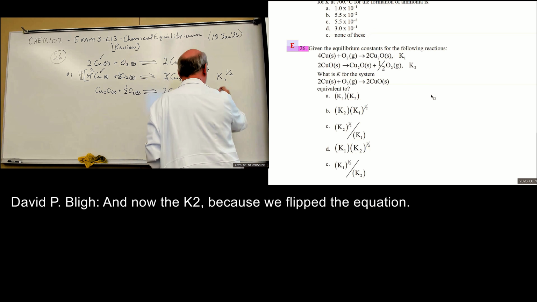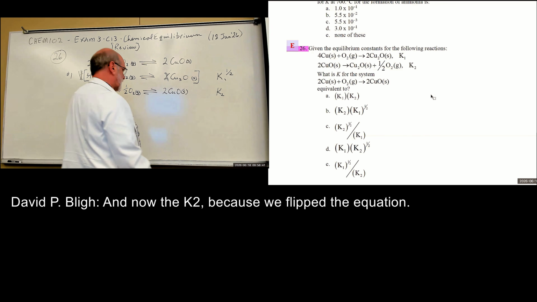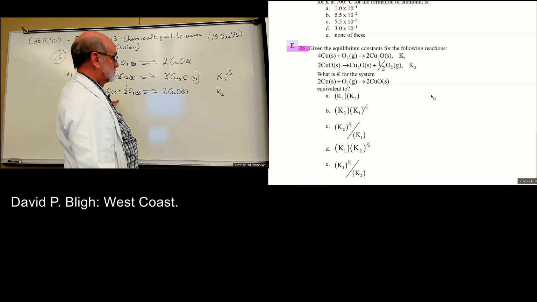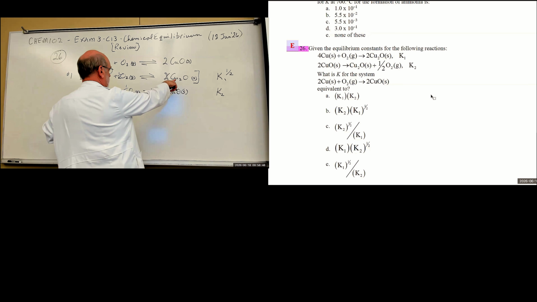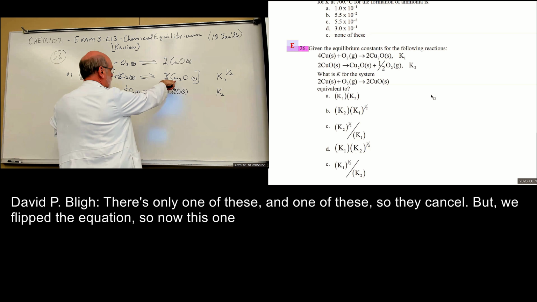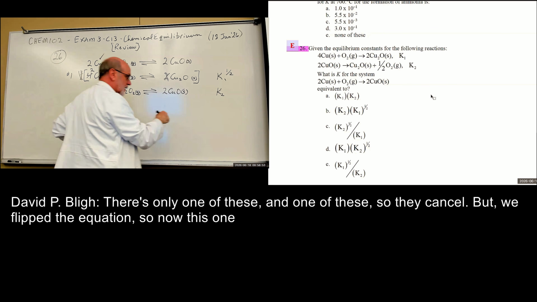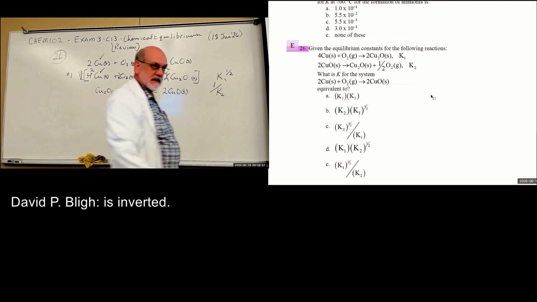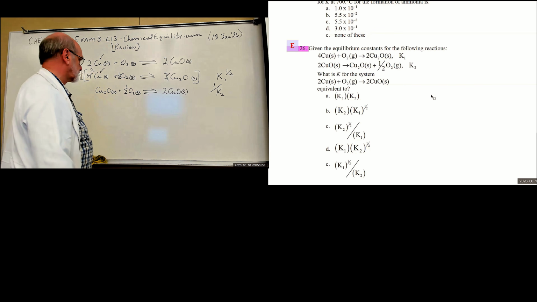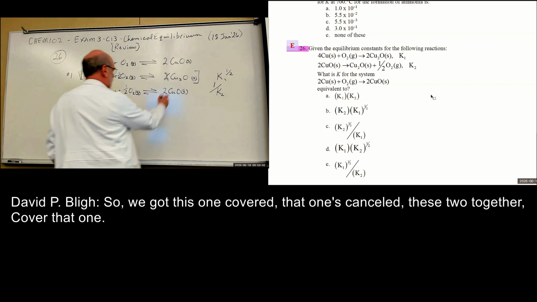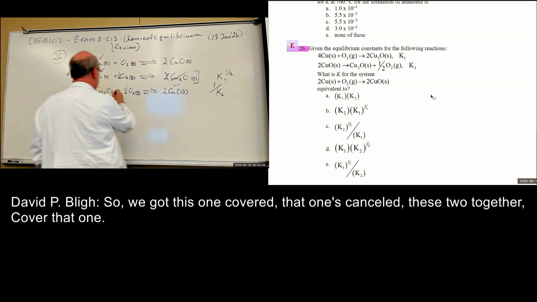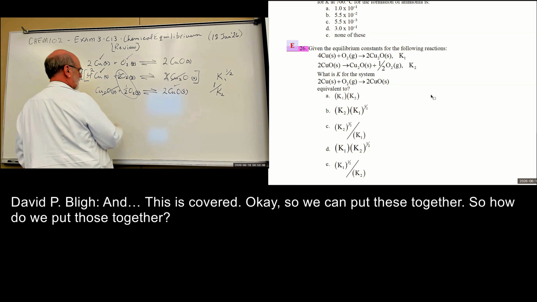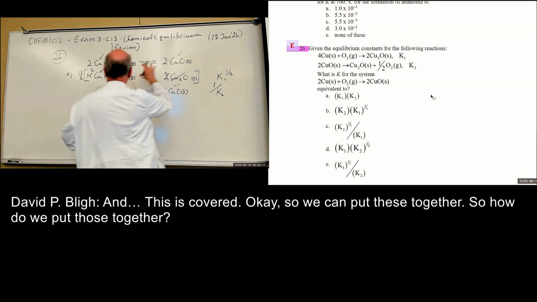Okay? And now the K2, because we flipped the equation, and we don't have to do anything else to it. Because there's only one of these and one of these, so they cancel. But we flipped the equation, so now this one is inverted. Okay. So we got this one covered. That one's canceled. These two together cover that one. And this one's covered.